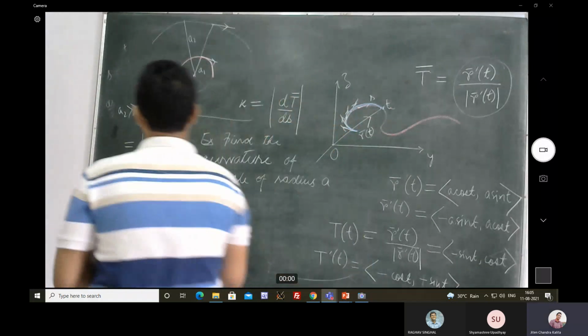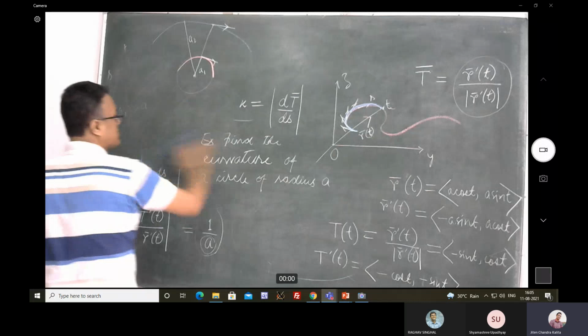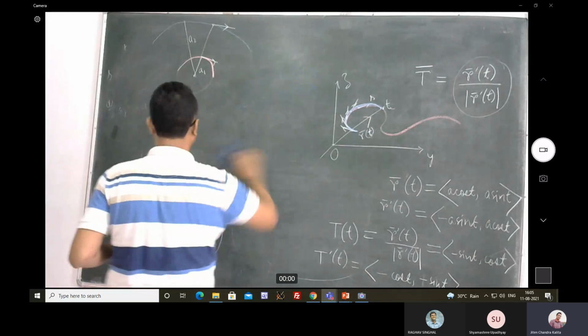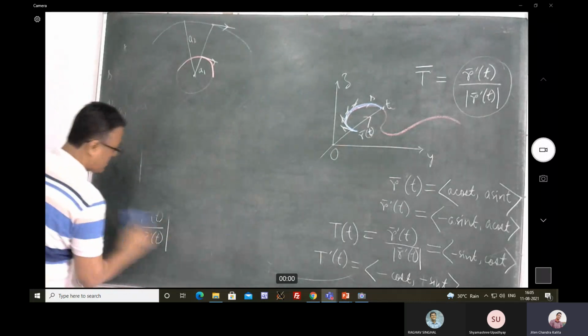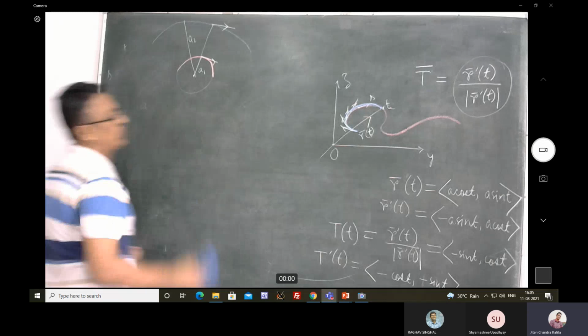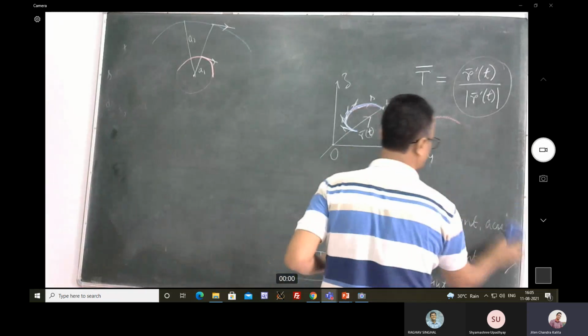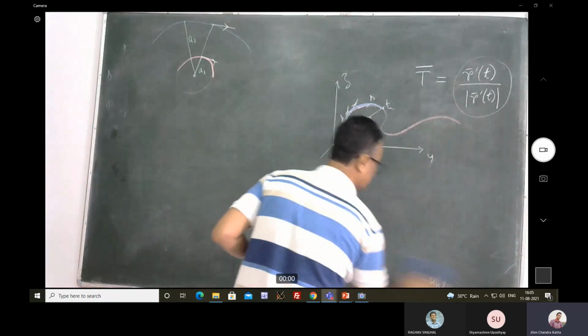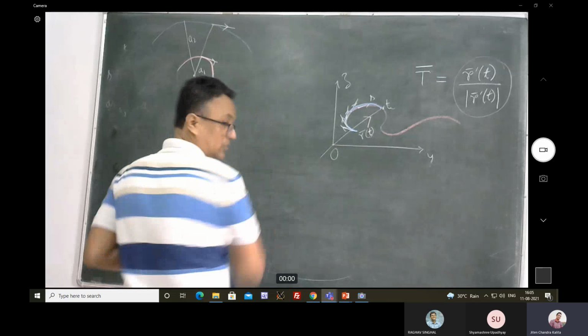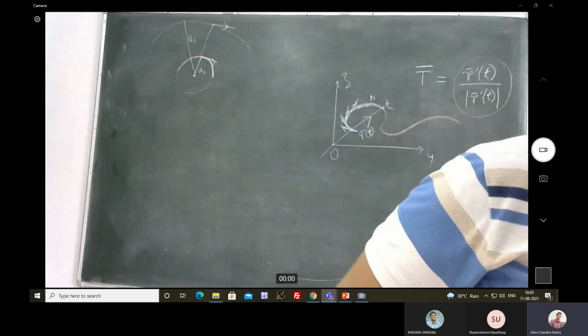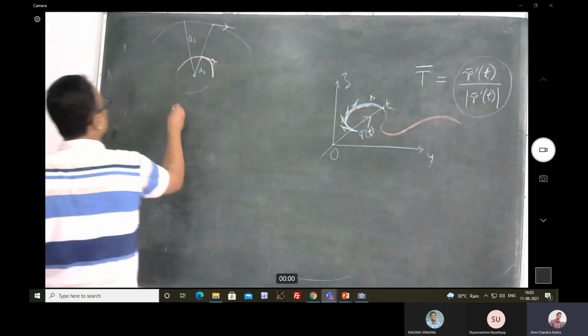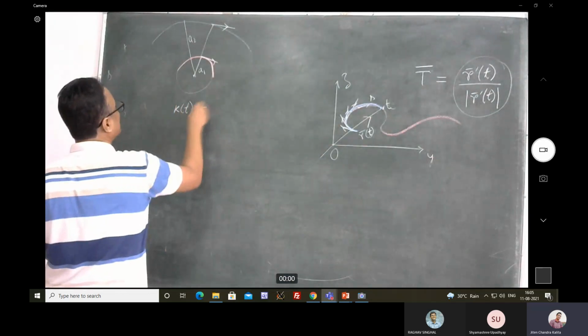So this is just an example. Now let us try to find some more formulas for the radius of curvature. Over there, it was for a circle.